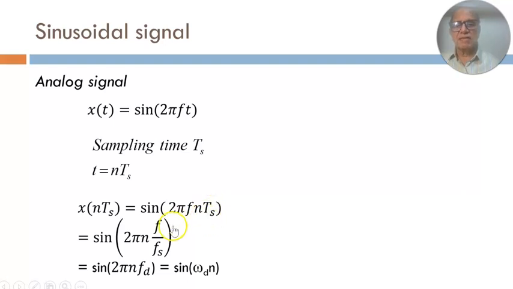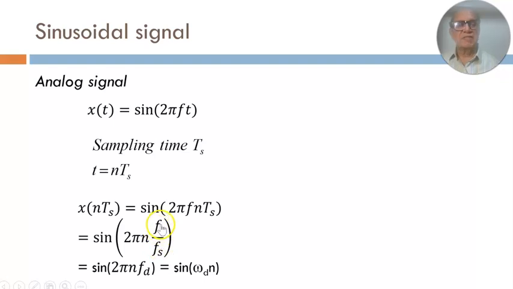So Ts can be written as 1 by fs, and by a slight rearrangement we can write it like this: 2 pi n into f divided by fs. So we have just taken n here, and then Ts is 1 by fs, so therefore we can write it in this form. Now it is this ratio of f to sampling frequency.